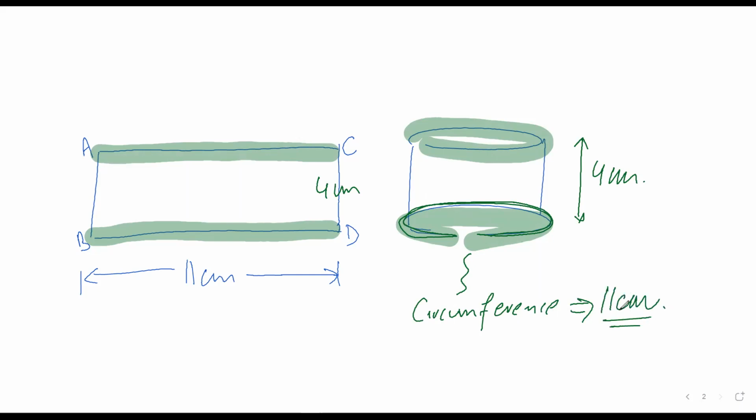And we need to find the volume of the cylinder. Mr. Satya, how should we find the volume? So, pi r square into h. But we don't have R. So how do we find R?